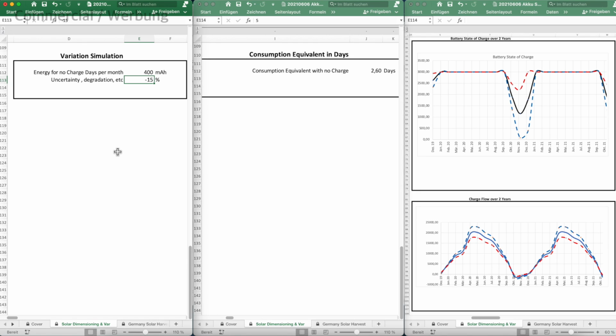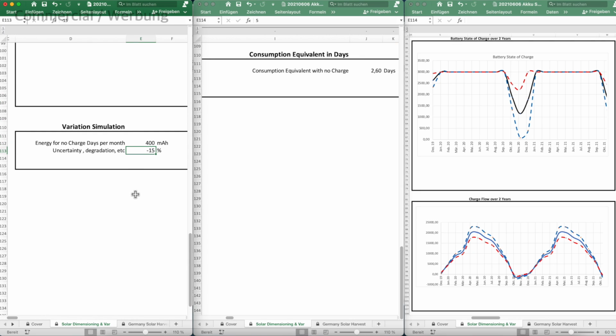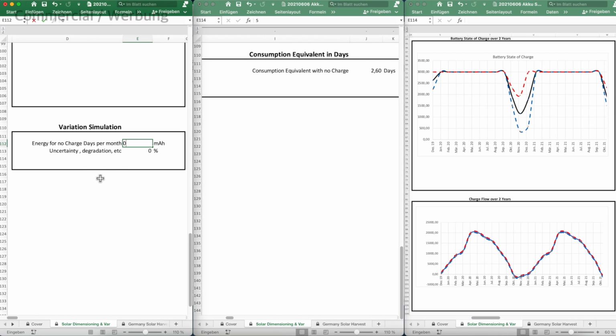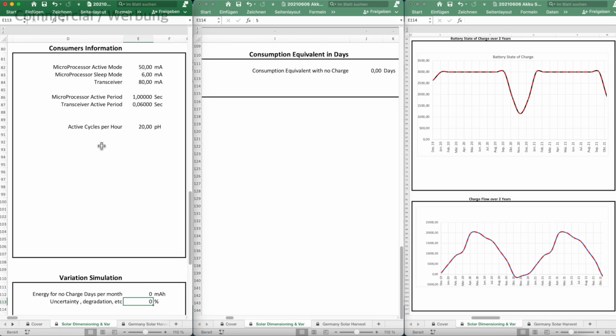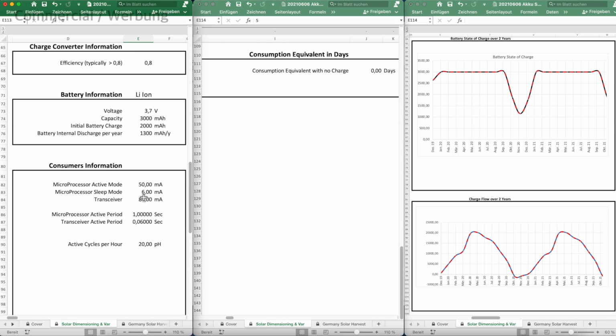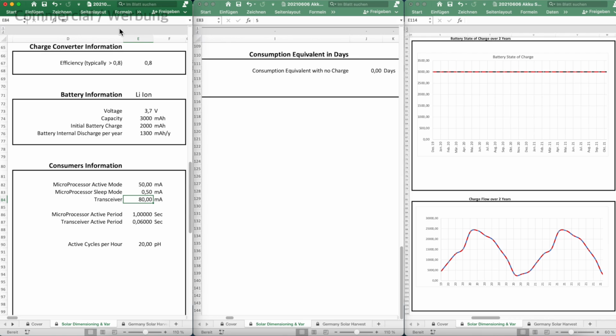Congratulations if you made it up to here, because now the most interesting part of the simulation starts. We are considering now so-called low power boards. For this we need to go back to our consumption inputs. We consider now 500 microamperes instead of 6 milliamperes.